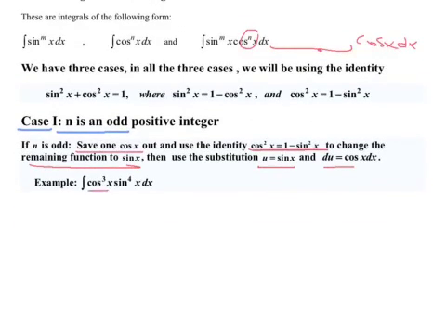Now here the power of cosine is odd, so we are going to save one cosine x out, so this will become cosine square x sine 4 x.